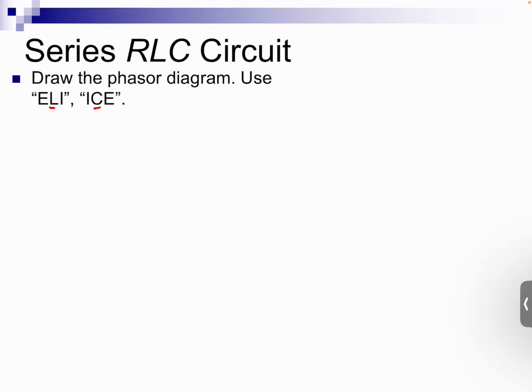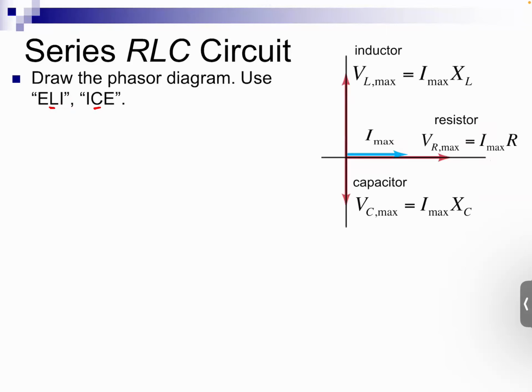If I use the mnemonic ELI the ICE man, you can always draw the phasor for the current first, because you know that the current is the same for all the circuit elements. Once you've drawn the current, you know that the resistor voltage is always in phase with the current through the resistor, so you can draw the voltage of the resistor in phase with the current.